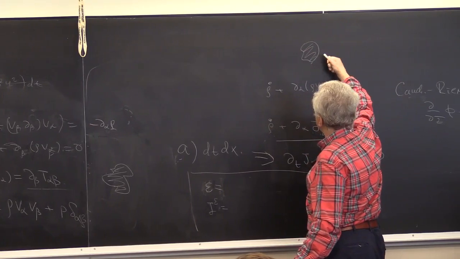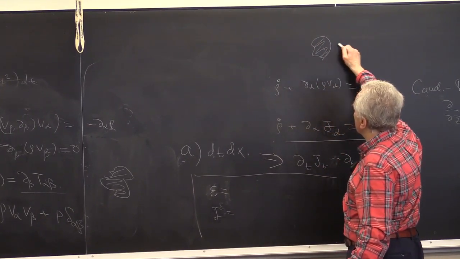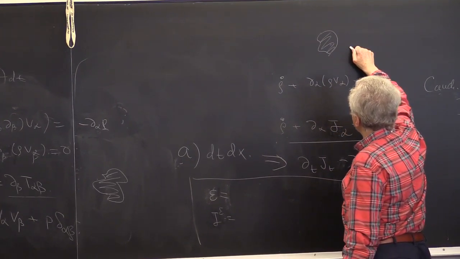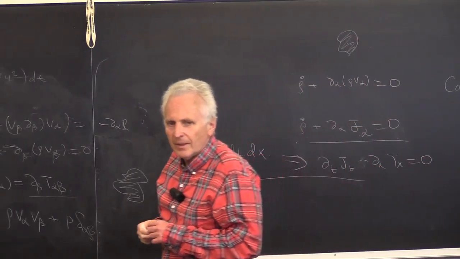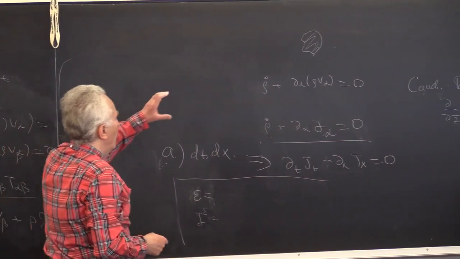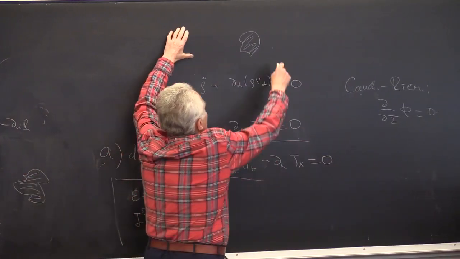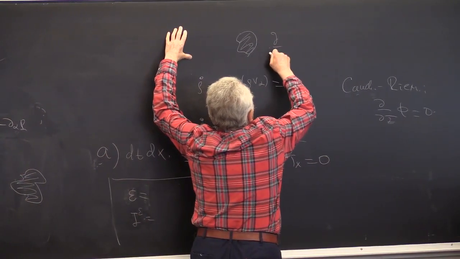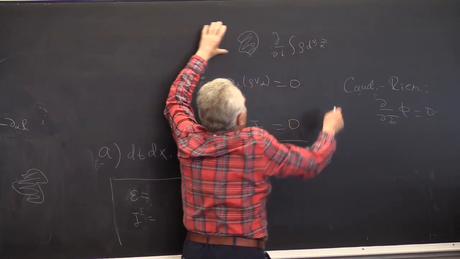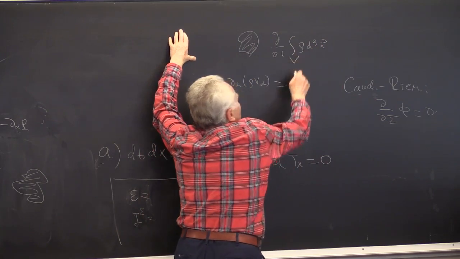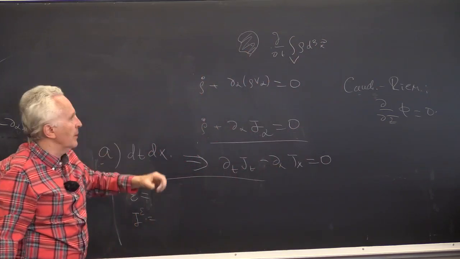We did this simple exercise, integrated over the volume. Then the mass inside the volume changes because of what? So we take d dt of the integral of rho d3x in the volume.